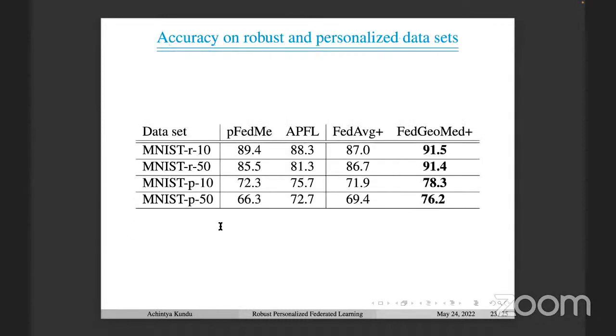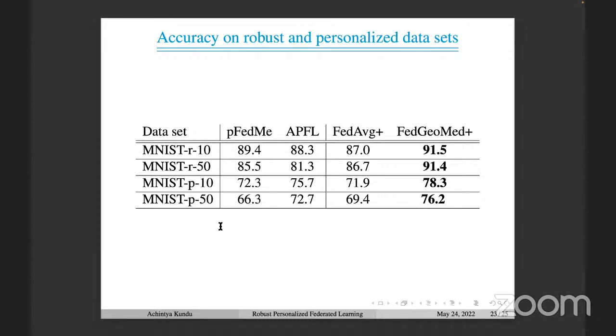Then we also test on a personalized data set. That means for each of the clients, we change the data distribution. We take the images corresponding to a few digits. MNIST has 10 digits, 0 to 9. So we randomly take 2 digits, and we add noise to all the images of those digits.